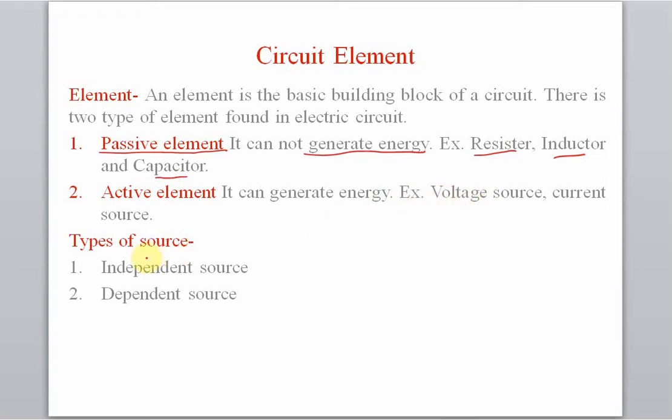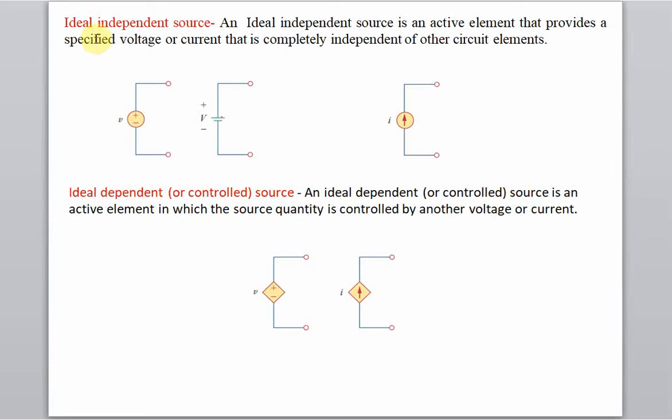So we have to know about the types of source. There are two types of source. First is the independent source and second is the dependent source. An ideal independent source is an active element that provides a specified voltage or current that is completely independent of other circuit elements.